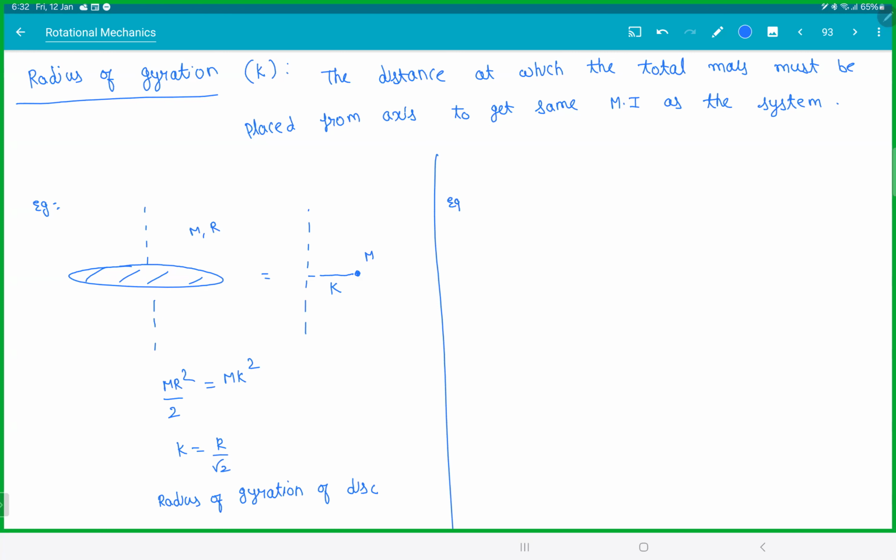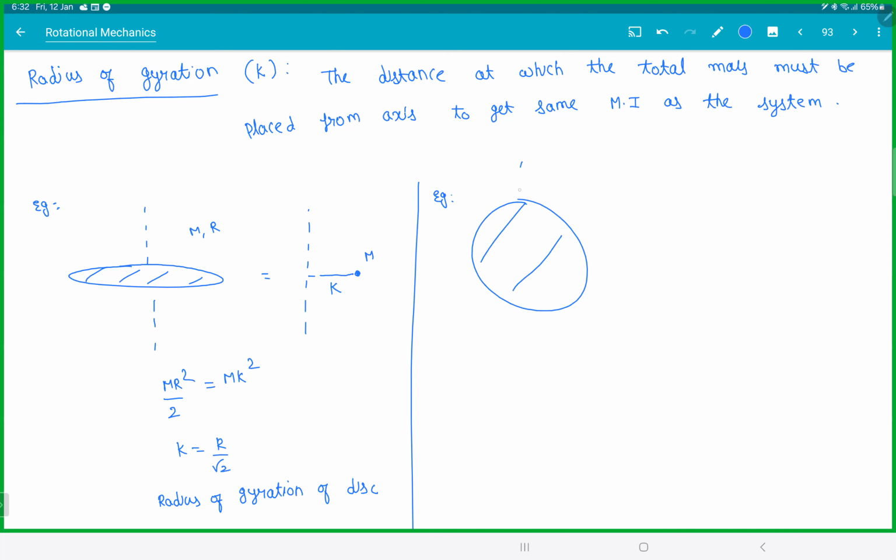Suppose I give you a solid sphere. Same idea there. Take all the mass, keep it at a distance k, such that it gives you the same moment of inertia.